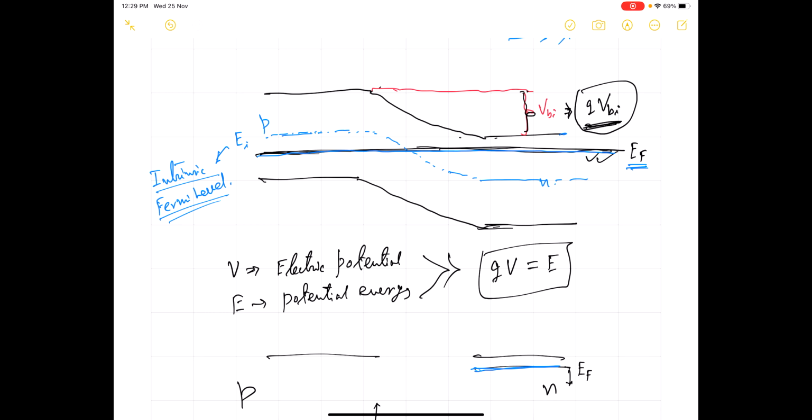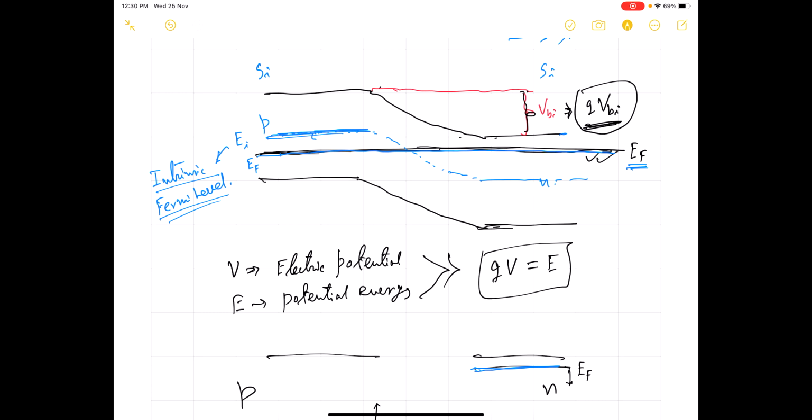Let's say in both cases we are considering silicon. On this side we are making p-type, and on the other side we are doping phosphorus to make it n-type. Without doping the phosphorus or boron, this was the position of the Fermi level. And now the Fermi level has shifted because of your doping.